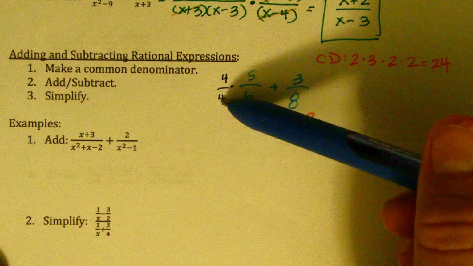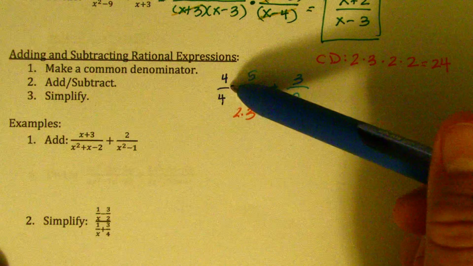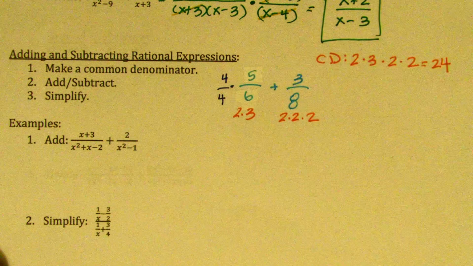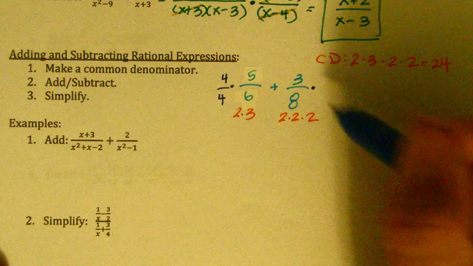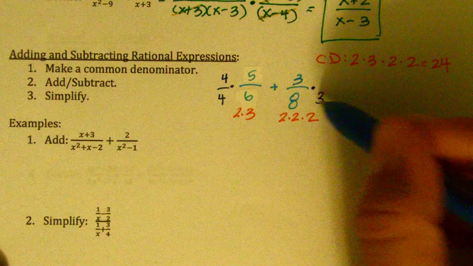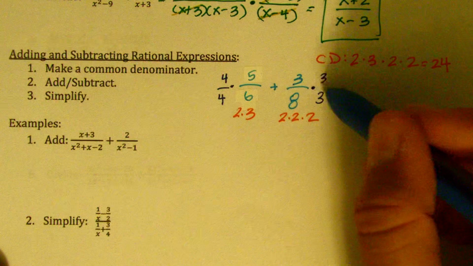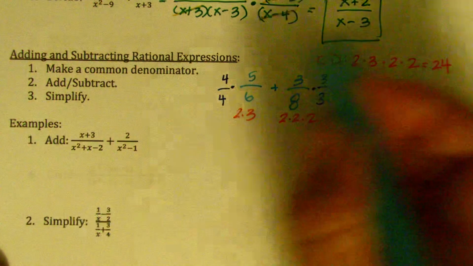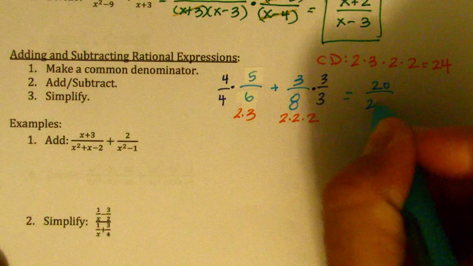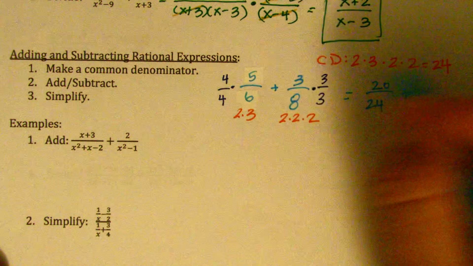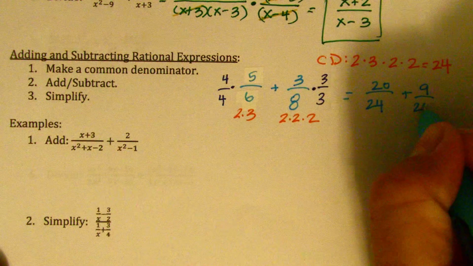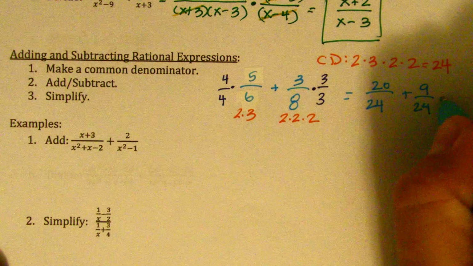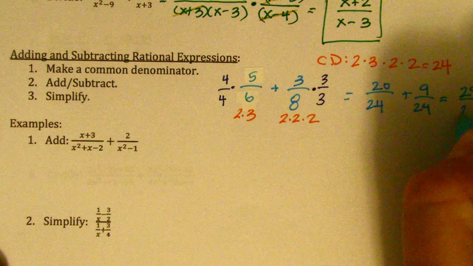But anything over itself is just 1, and multiplying by 1 doesn't change the value. Similarly, 8 times 3 gives me 24, so I'm going to multiply by 3 over 3 here. And then this becomes 4 times 5 is 20 over 24, plus 3 times 3 is 9 over 24. So my answer then is 29 over 24.